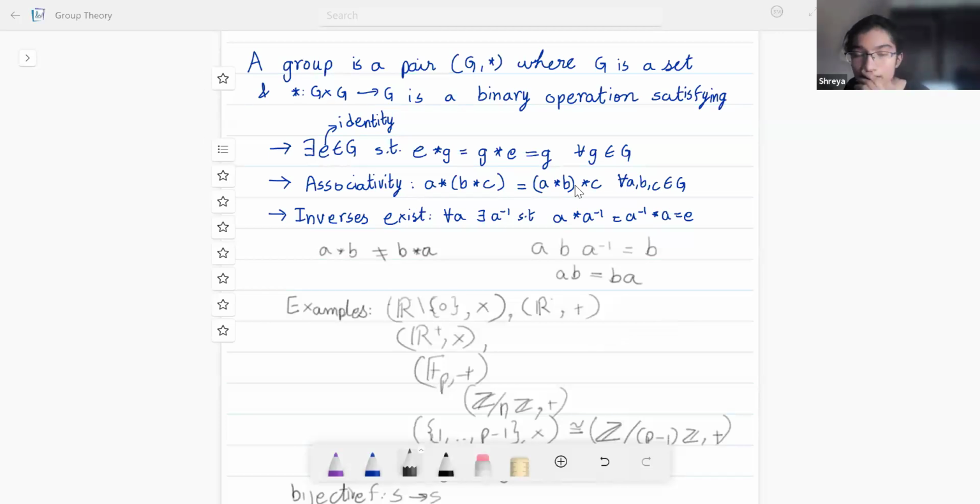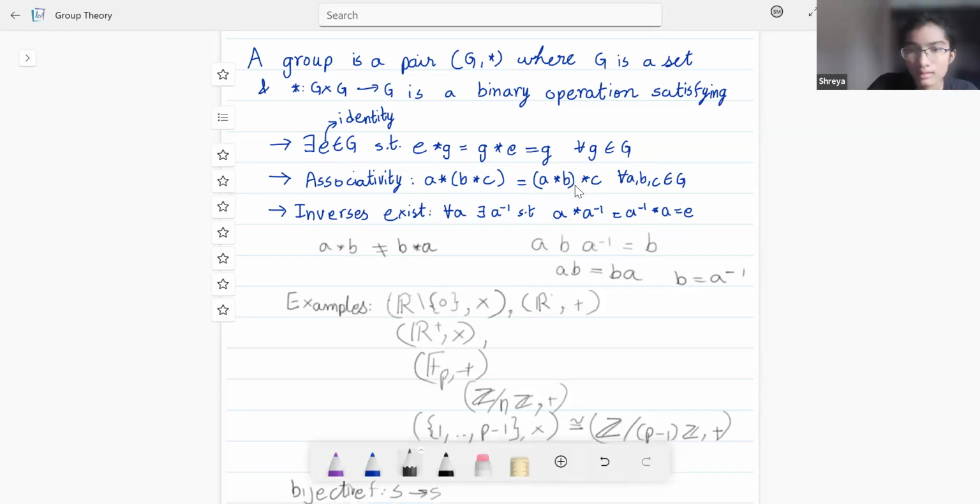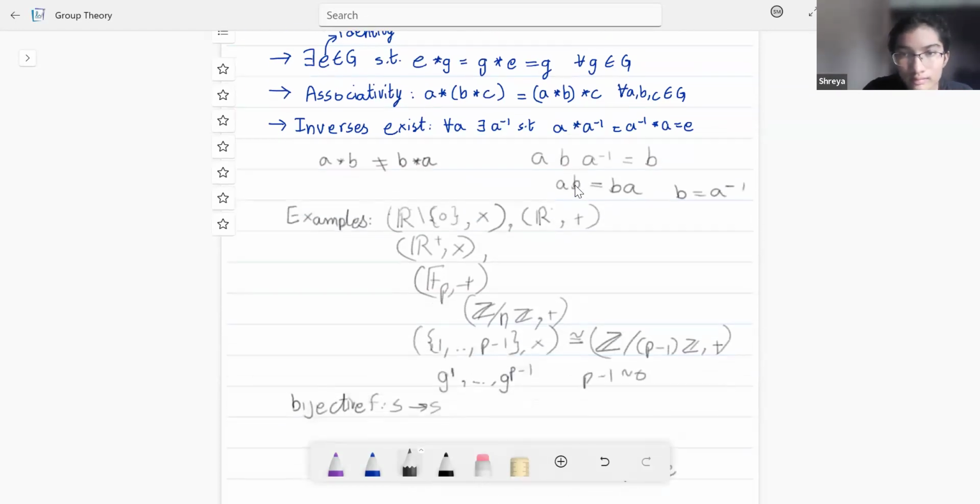If we assume that, or if we said b equal to a inverse, then I don't know if we get something. Okay, this is interesting. Okay, but then we won't be able to cancel stuff as easily.